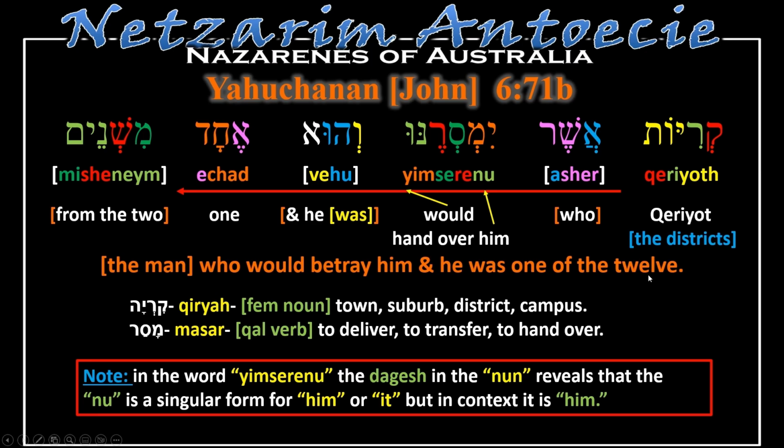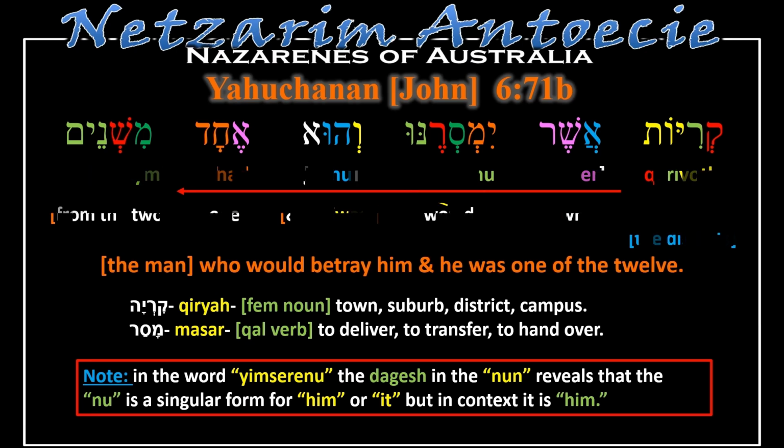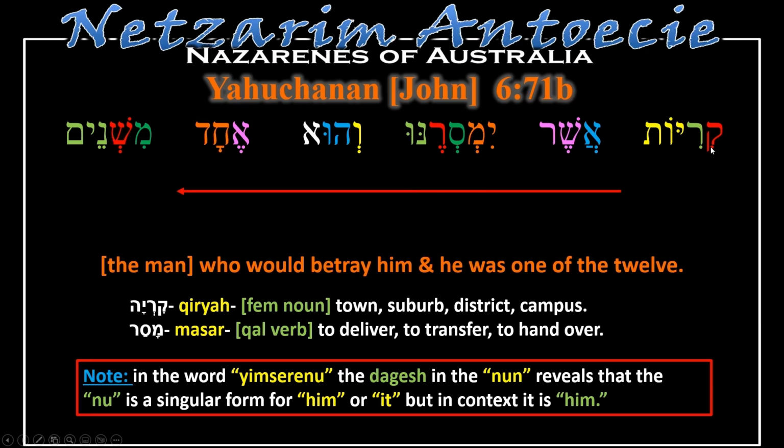We haven't finished the verse yet, so we'll see the other part. And so now let's read it. Keriot asher yim-serenu vehu echad mi-shaneim. And just a point: when we have two shevas together, the second one is always vocal.